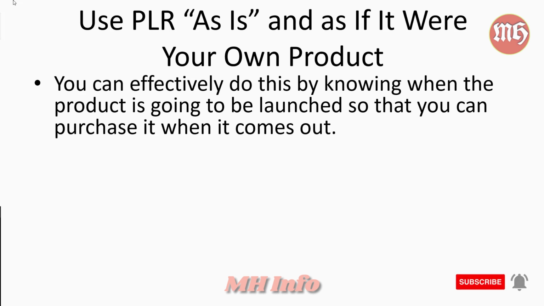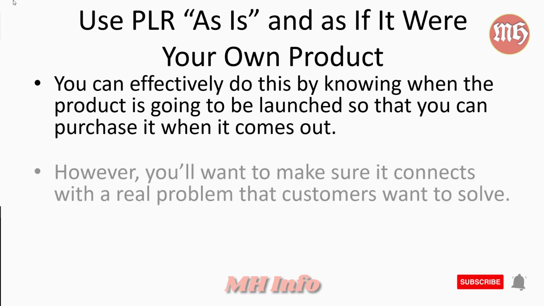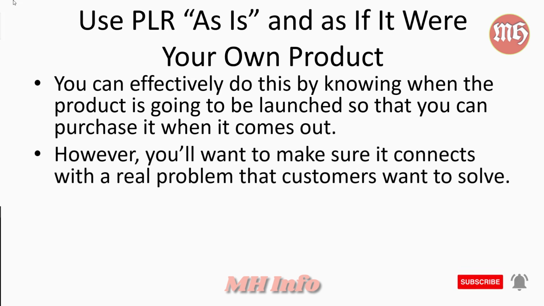And then you can literally get in front of the people that you're going to be mailing to. Now, obviously, you're going to want to make sure it connects your customers to a real problem that they're having or one that they want to solve. When you do that, you're tailoring the PLR product to meet a particular need, or angling it so that it's talking about something that they really do have an interest in.